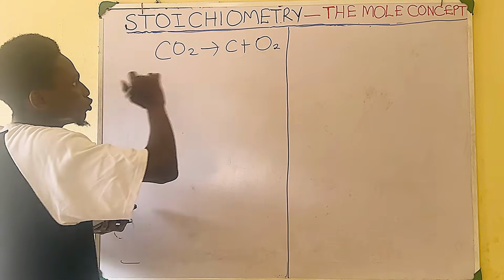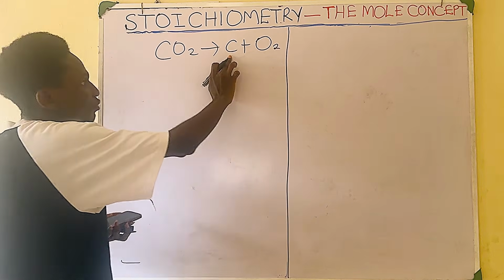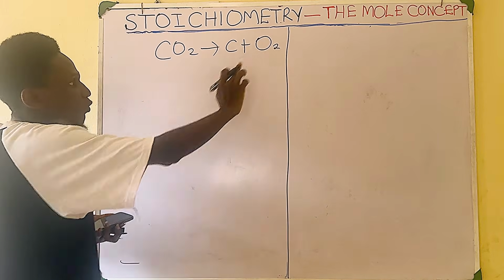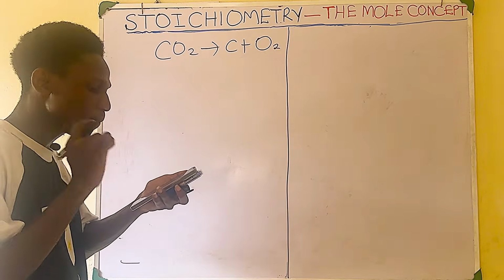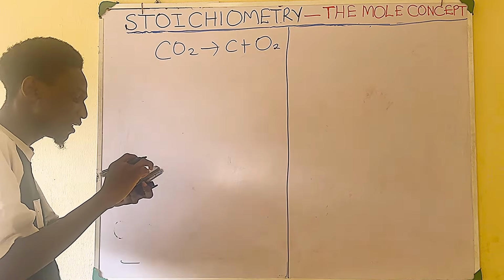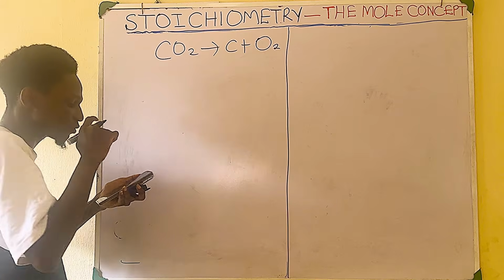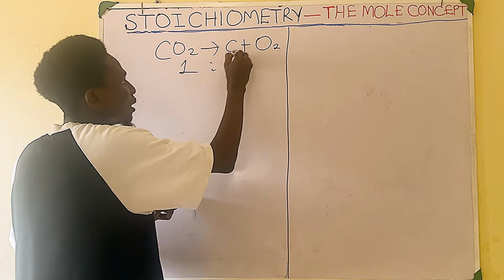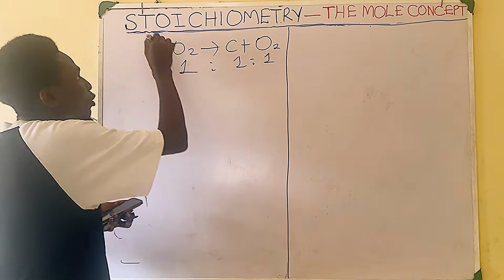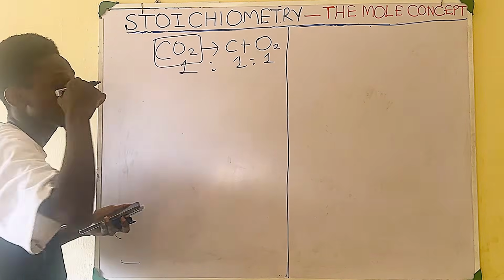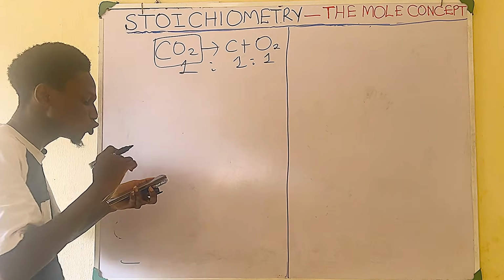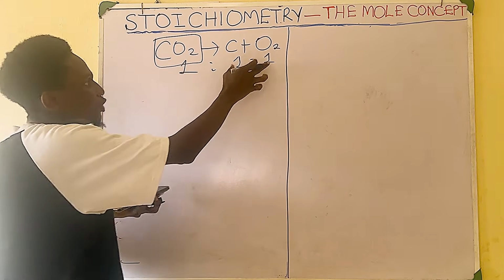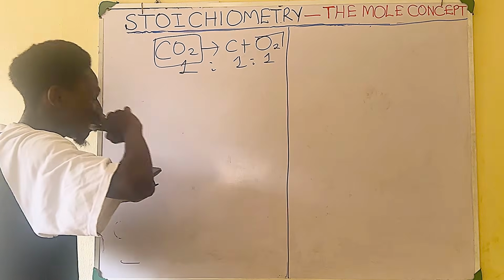Why? Because it helps you to know that there's 1 atom of carbon and 2 atoms of oxygen. The question asks for the number of atoms of oxygen in 8.8 grams of carbon dioxide. What they're trying to relate is that you have to know the ratio is 1:1. Because they give you the mass of CO2, I can use that mass to look for the number of moles, and then I can find my number of atoms of oxygen.